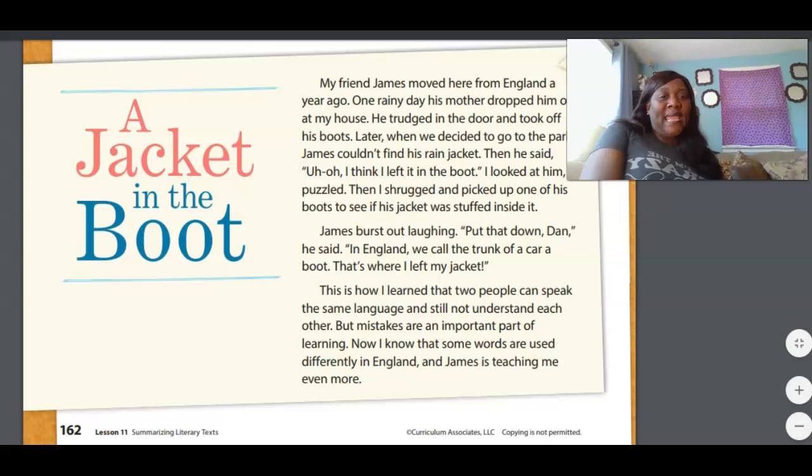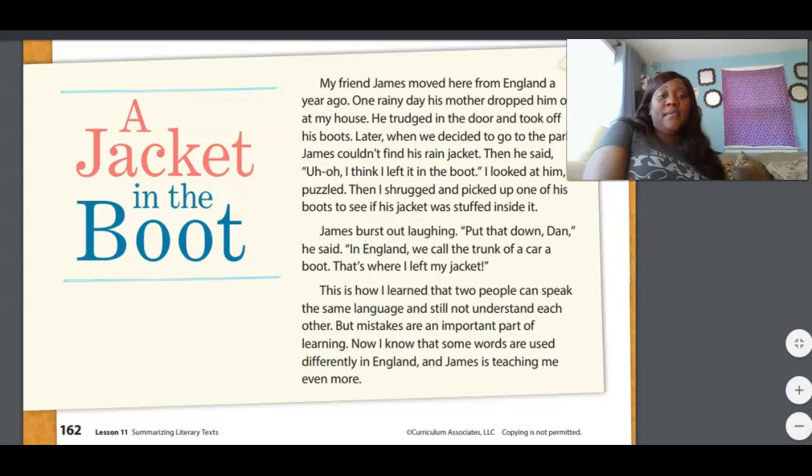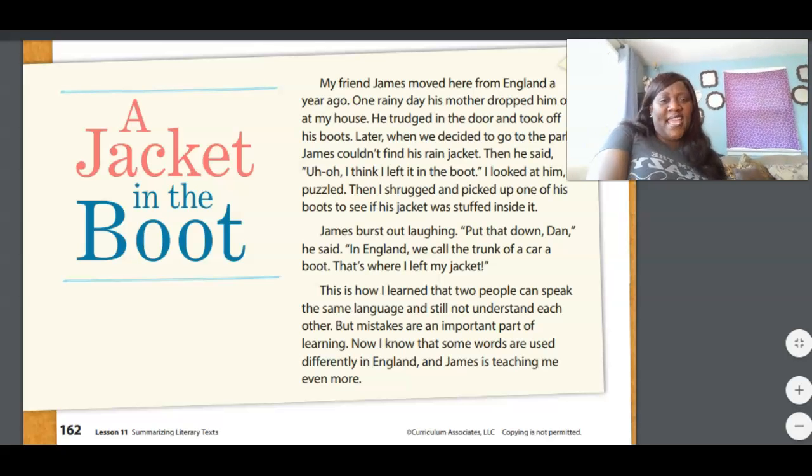My friend James moved here from England a year ago. One rainy day, his mother dropped him off at my house. He trudged in the door and took off his boots. Later, when we decided to go to the park, James couldn't find his rain jacket. Then he said, "Uh-oh, I think I left it in the boot." I looked at him puzzled. Then I shrugged and picked up one of his boots to see if his jacket was stuffed inside it.